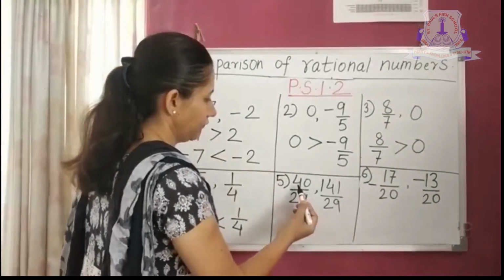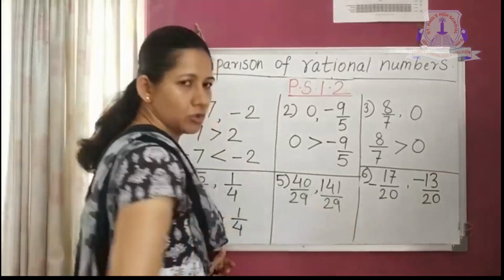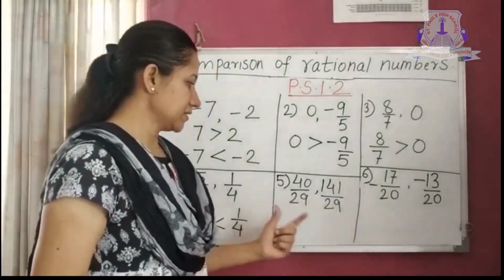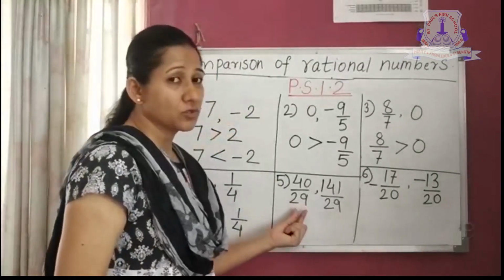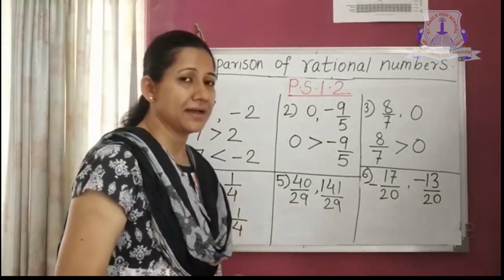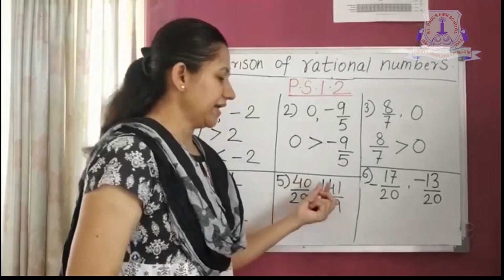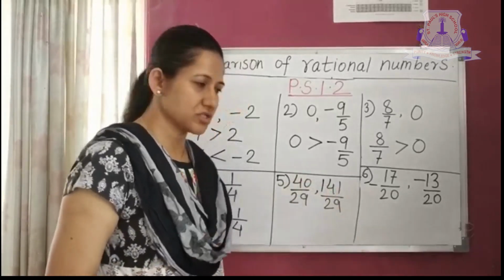Next, fifth one. Here we have the fractions 40 upon 29 and 141 upon 29. Students, in this case, both are positive fractions. As per the rules, the very first thing we see is whether the denominators are equal. If denominators are equal, then by comparing the numerators we can directly compare these fractions.